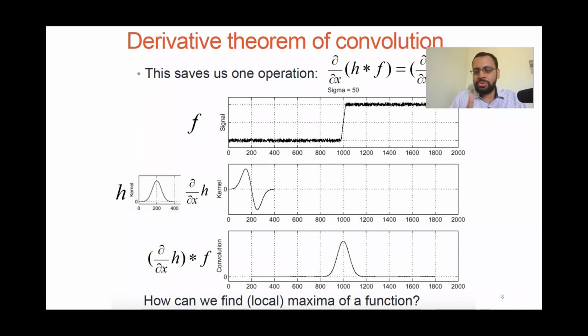I'll just give you the lead on what we would be discussing further. You would see here a maximum. The maximum of this function, or even the minimum of that function, will tell you that there is a strong edge there. And what would happen if I take a second order derivative?